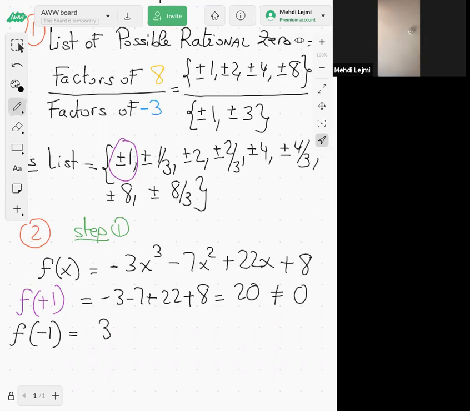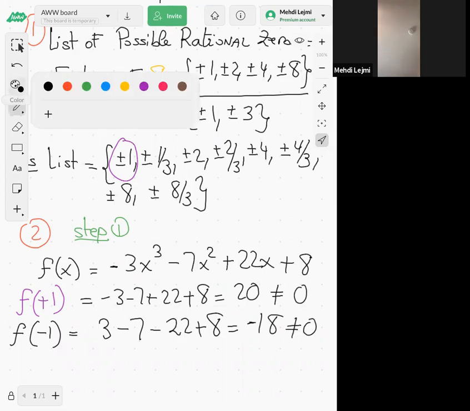Negative 1 squared is positive 1, so minus 7. 22 times negative 1, so minus 22. And then plus 8. That's negative 4, negative 26 plus 8, that's negative 18. That's not 0. So we have to check the next number.